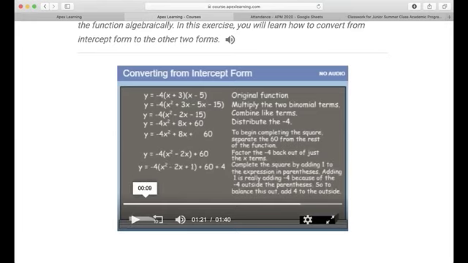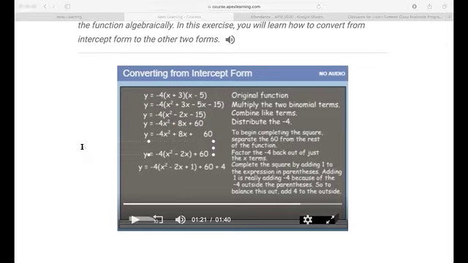We'll talk more about this, and I can help you through it if you're stuck, but you should have already learned about completing the square when you were doing the Algebra 2 stuff. But in order to complete the square, you add a term here.